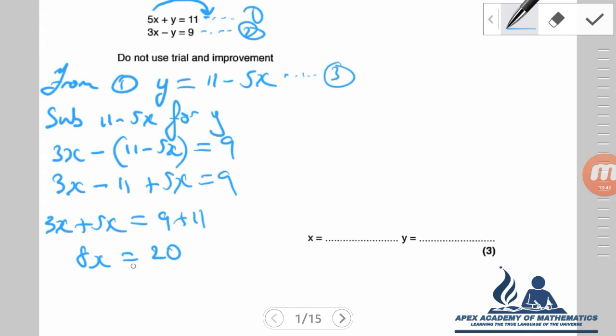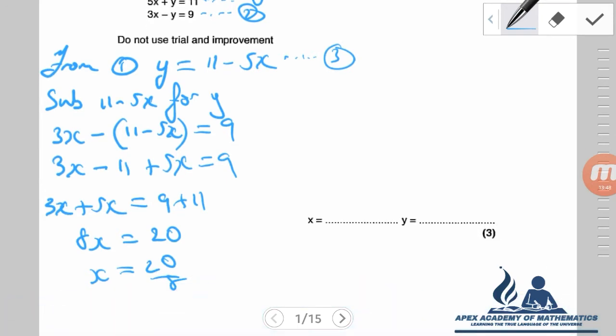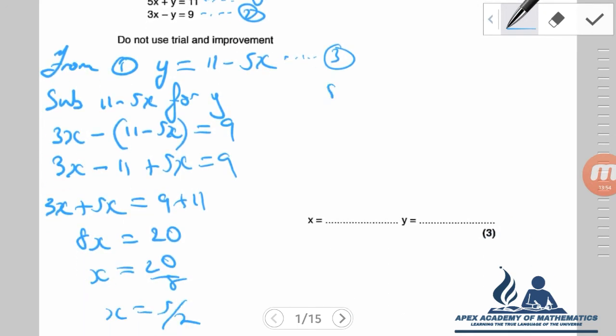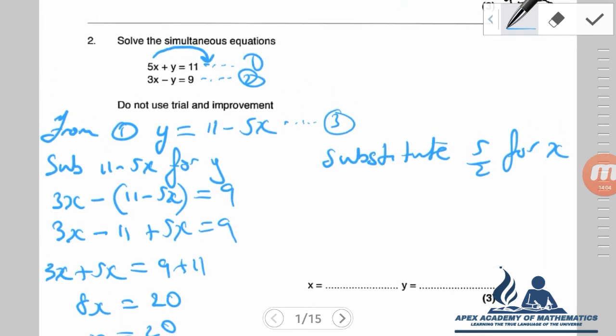If I divide both sides by 8, by reduction, I'm going to get x is equal to 5 over 2. Now I'm just going to substitute 5 over 2 for x, but this time putting it into either equation 1 or 2 is a lot harder than substituting it in equation 3.